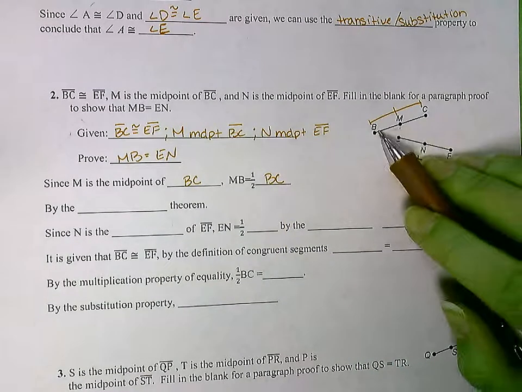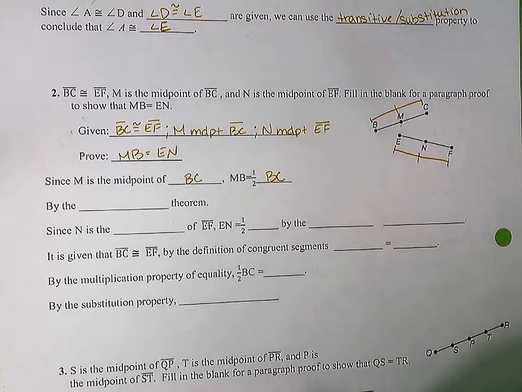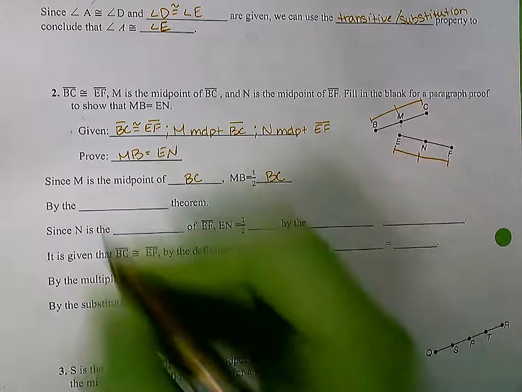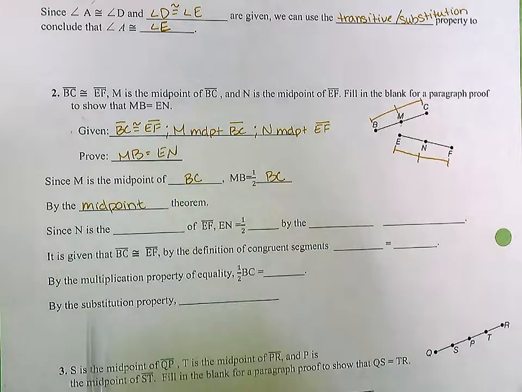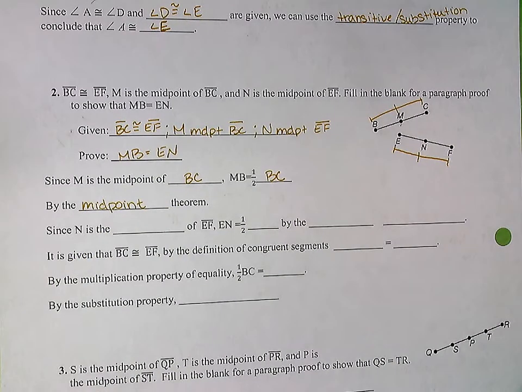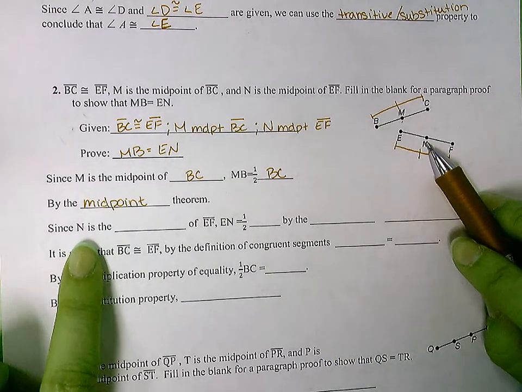Since MB is half of that entire segment. And I would conclude this because of what? The midpoint theorem. So I used my given, I stated a statement, and then I said why. That's one sentence.